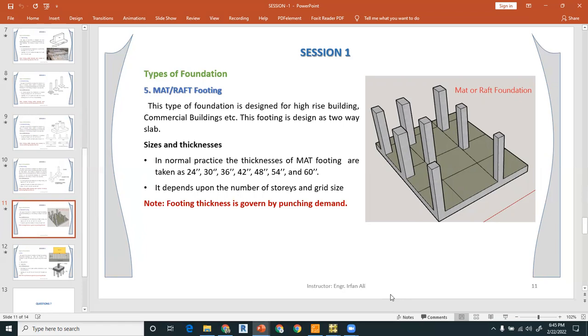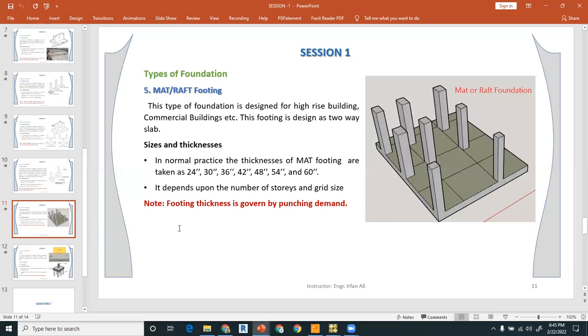So you have to design it as a two-way slab. In normal practice, the thickness of the mat starts from 24 inches if the number of stories is greater than or equal to 5 or 6. So it starts from 24 inches and goes to 30, 35, 42, 48, 54, and 60.